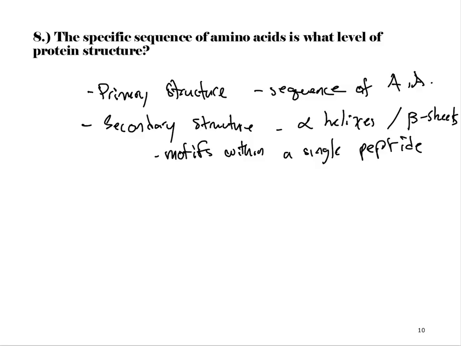So for example, when you have an alpha helix, what you have usually is the N terminus of one amino acid. The R groups are kind of going up. C terminus is going down like that. And you're kind of going up a helix. And the carboxyl group from another one, these form hydrogen bonds between them.